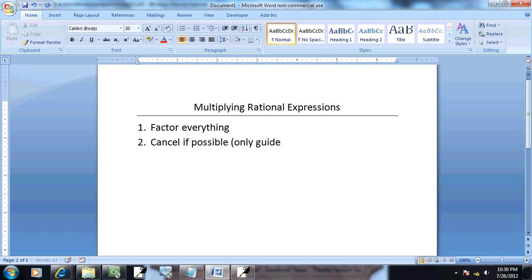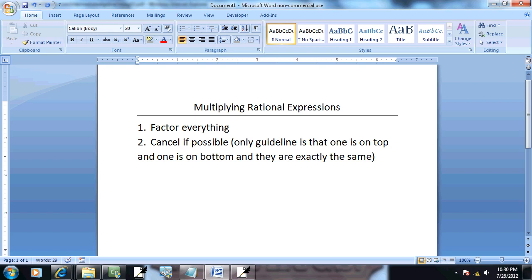The only guideline is that one is on top and one is on bottom, and they are exactly the same. Now step 3 basically is to multiply the top parts together, multiply the bottom parts together, multiply numerators and denominators.